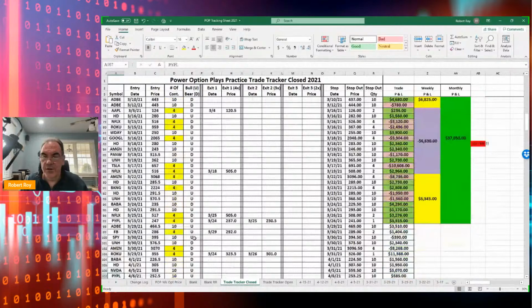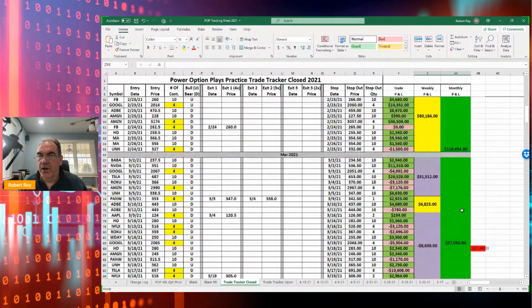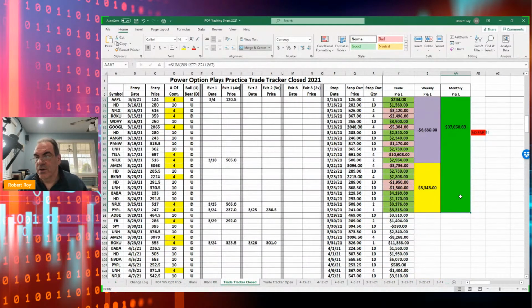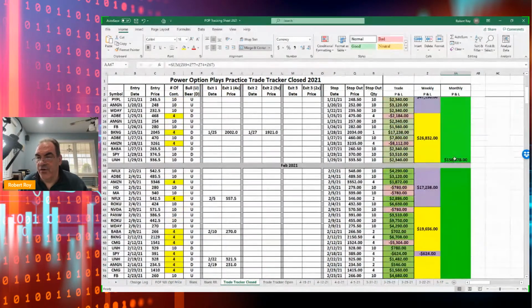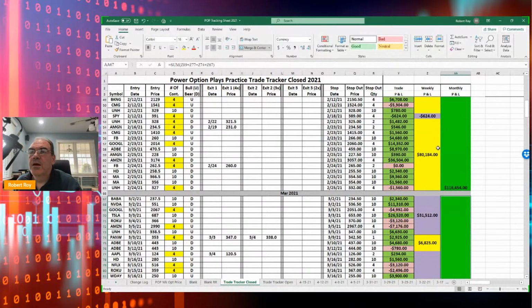I still have one more week left to document for March, but up to this date, we had $37,000 for the month of March. Not a great month when we had 116 here and 156 here, but I'll take it.